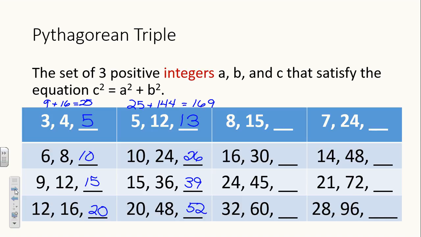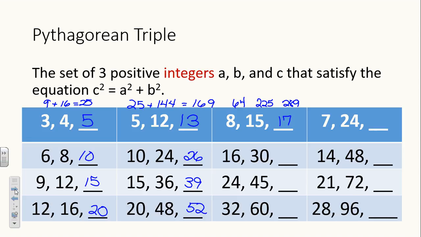So now 8, 15. Here's another one. 64 and 225 is 289. What's the square root of 289? 17.